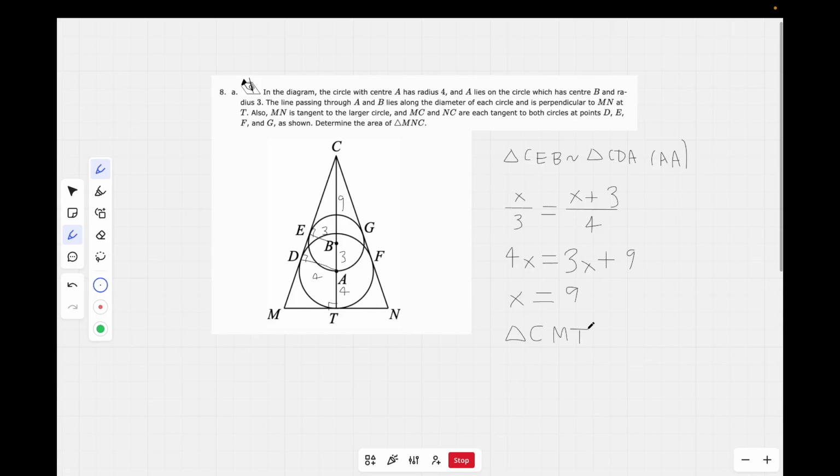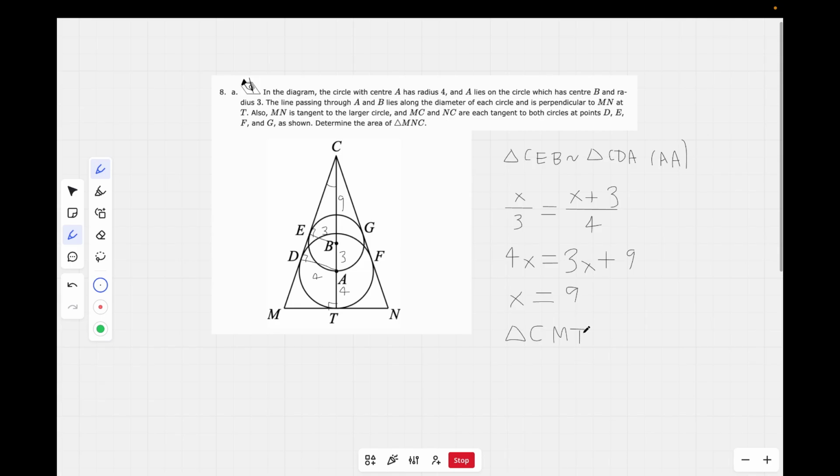So when you look at triangle CMT, you notice that this angle is 90 degrees, and it has an angle MCT, which is also equal to the angle in the triangles like CEB and CDA.